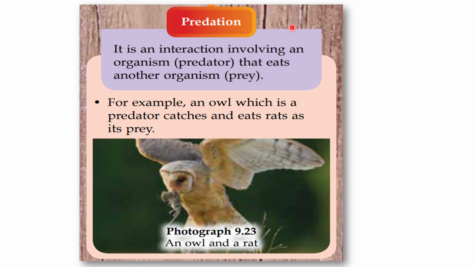Okay, I'm sure you are familiar with this type of interaction and that you are able to give more examples besides the one given here between the owl as the predator, eating the rats as its prey, or as its food. Okay, so this is predation.